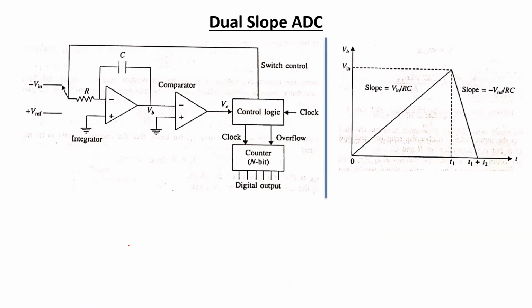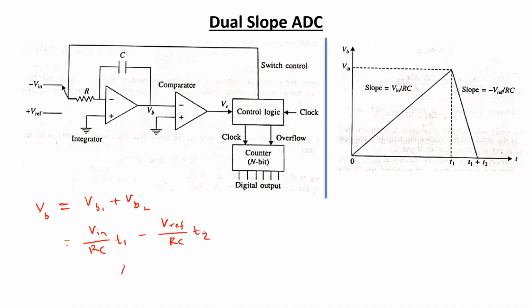So for that we have considered the two different components of the integrator output, VB1 and VB2. So we can cumulatively write the output of the integrator for the entire duration of time to be VB1 plus VB2, which is V in by RC into T1 minus V reference by RC into T2.